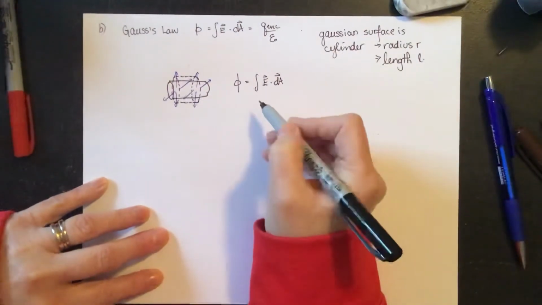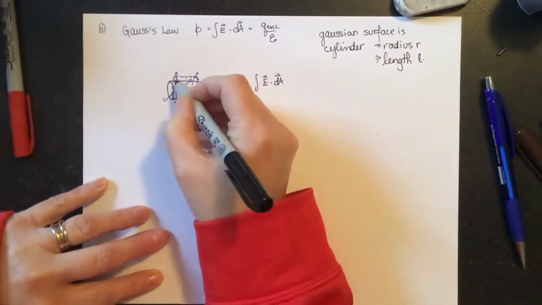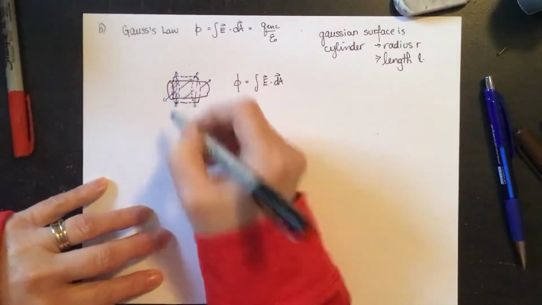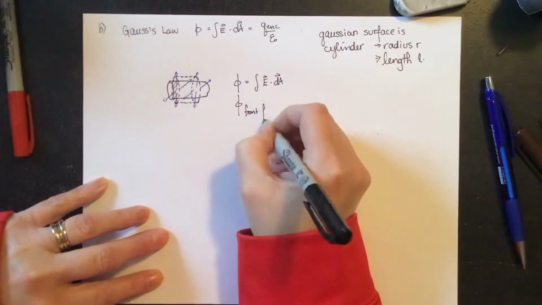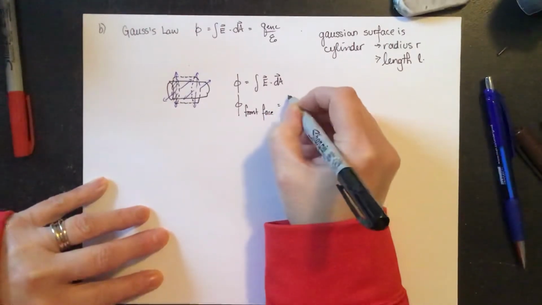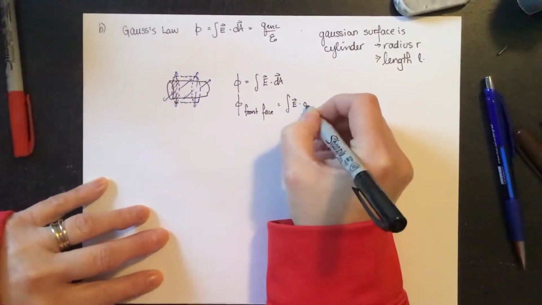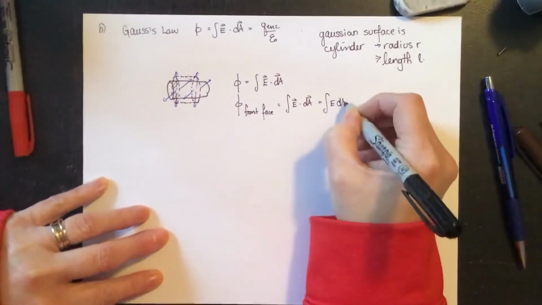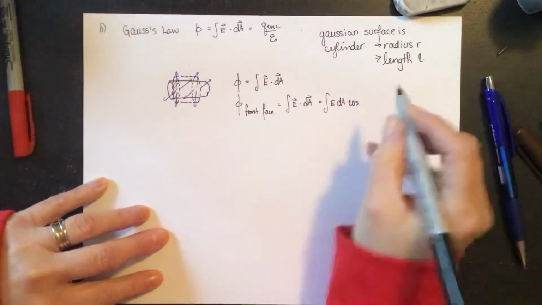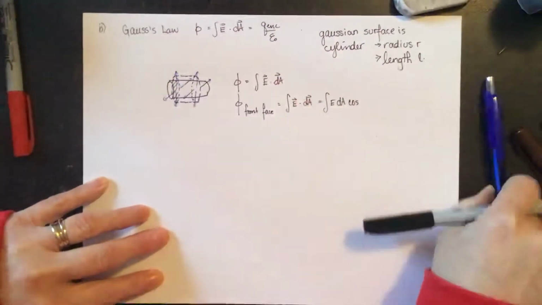There will be 3 places where we can have electric flux. We can have electric flux on the front face. It's going to be the integral of E dot dA, which is the magnitude of E times the magnitude of dA times the cosine of the angle between E and dA.